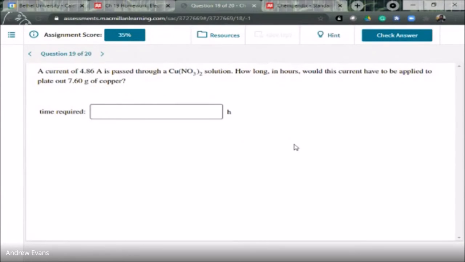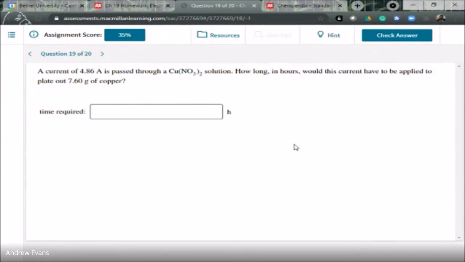How long in hours must the current be applied to plate 7.6 grams of copper? So the equation is mass equals current times time times molar mass over NF.